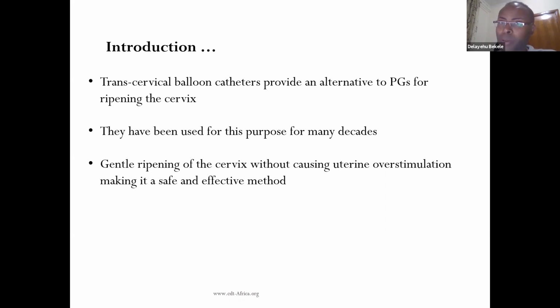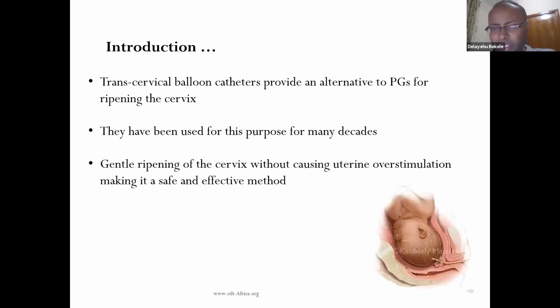Transcervical balloon catheters provide an alternative to prostaglandins for ripening the cervix, and they have been used for this purpose for many decades, and they cause gentle ripening of the cervix without causing uterine overstimulation, unlike the prostaglandins, making them a safe and effective method of ripening the cervix.